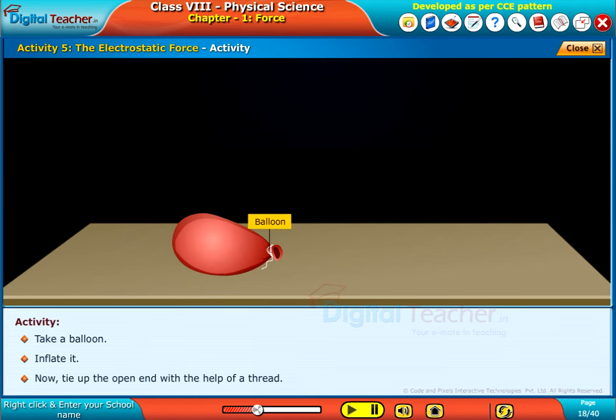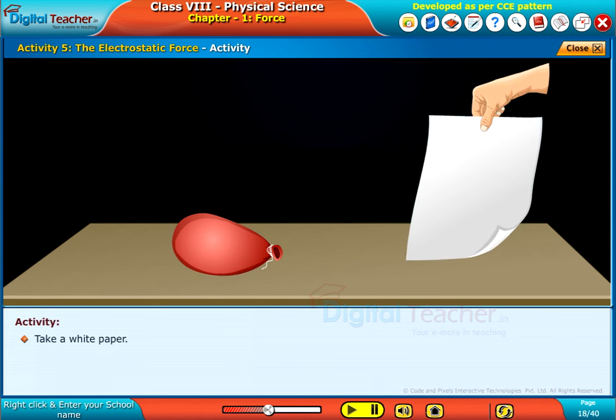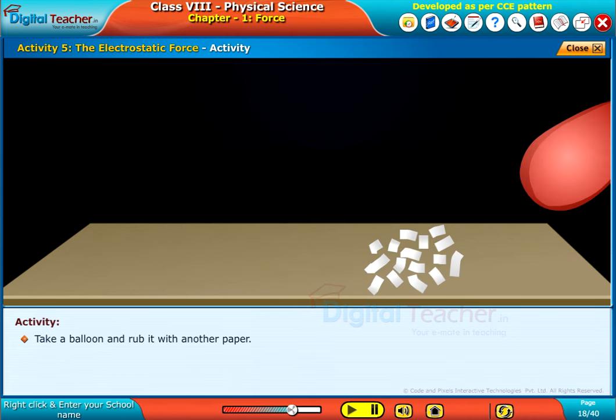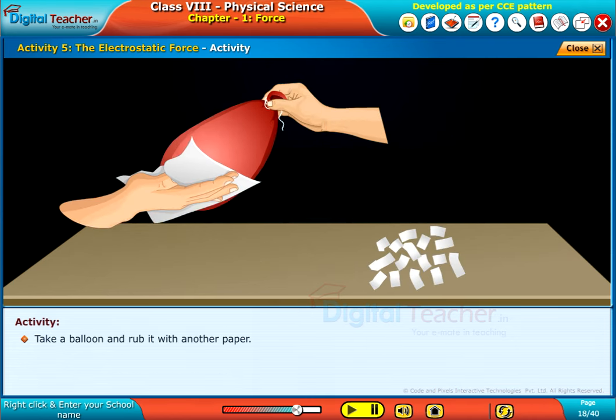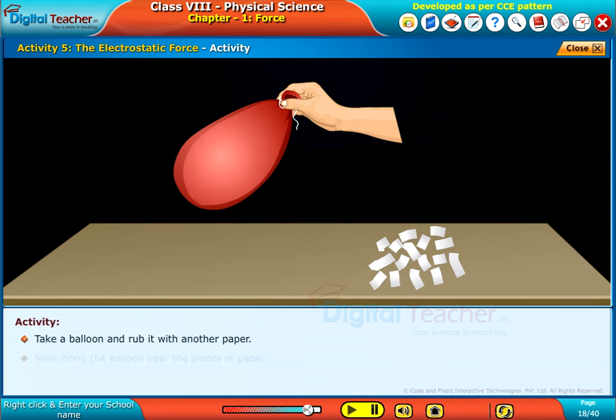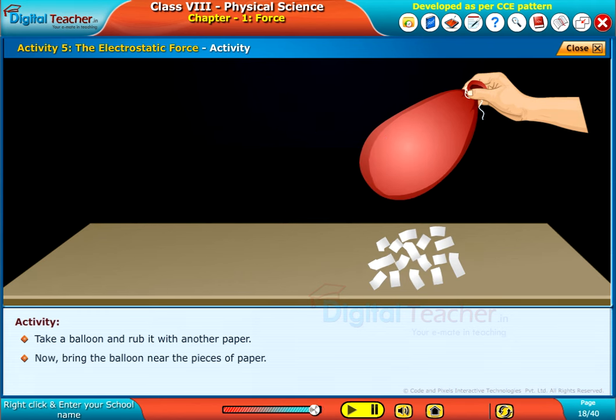Now tie up the open end with the help of a thread. Take a white paper, cut it into small pieces. Place the small paper pieces on the table. Take the balloon and rub it with another paper. Now bring the balloon near the pieces of paper. Observe the changes.